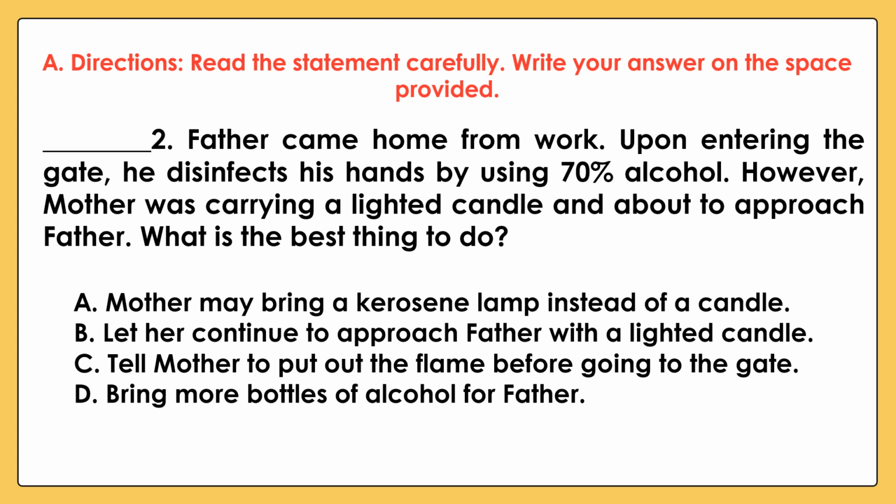B, let her continue to approach father with a lighted candle. C, tell mother to put out the flame before going to the gate. And D, bring more bottles of alcohol for father. The correct answer for this is letter C. You have to tell your mother to put out the flame before going to the gate.